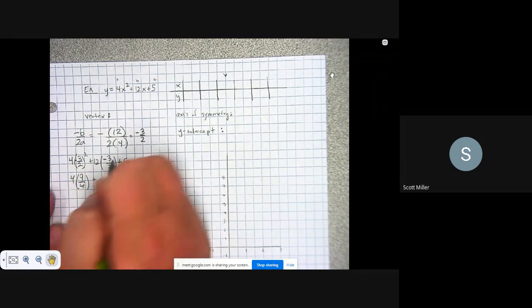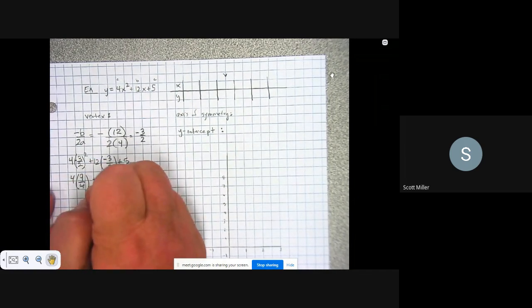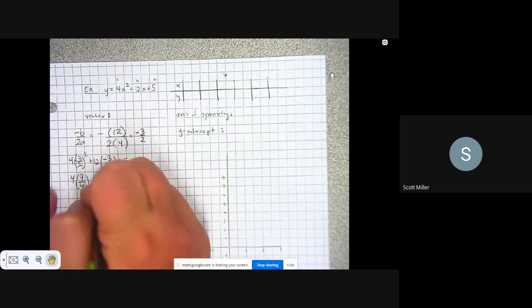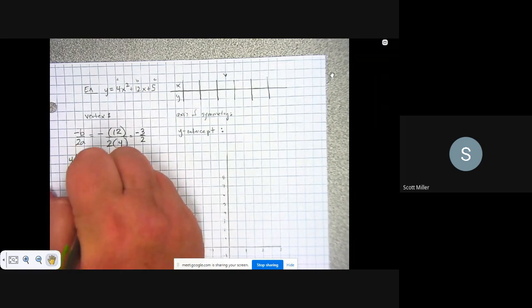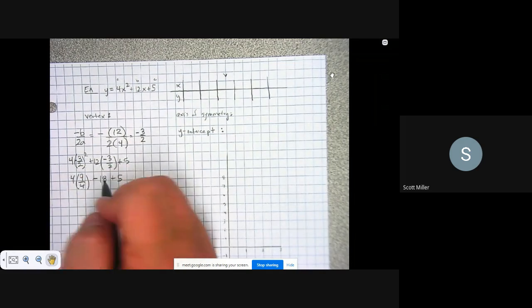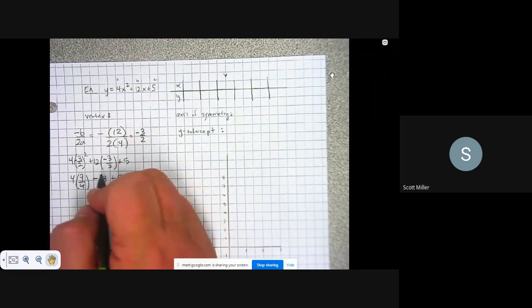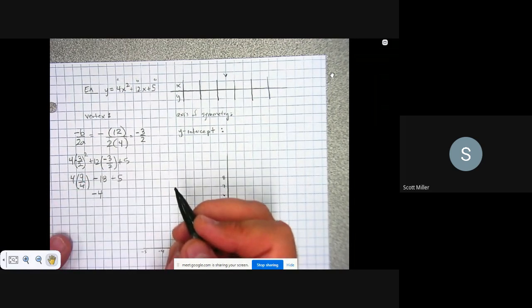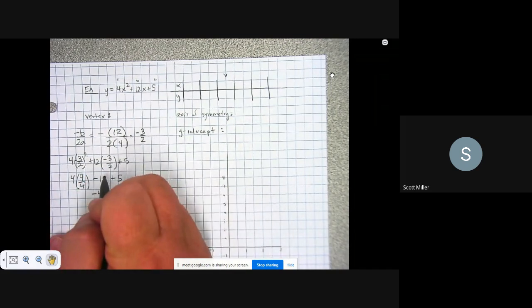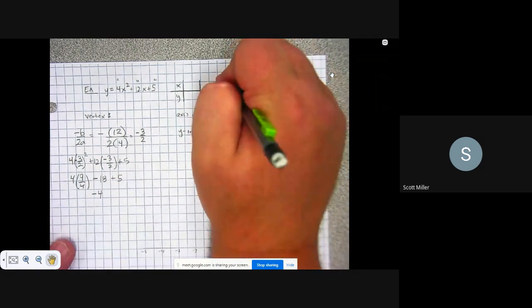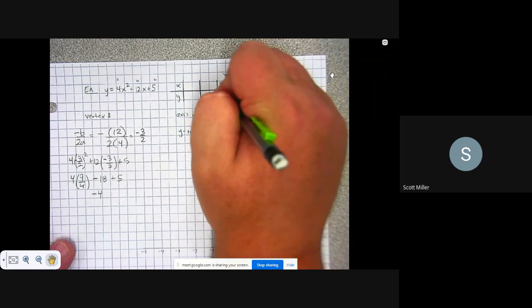This divides to 6, and 6 times that is going to be a negative 18, plus 5. The 4's drop out here, so I have 9 minus 18 plus 5. 9 minus 18 plus 5 is negative 4. Okay? So that means my vertex is going to be at negative 3 over 2, negative 4.